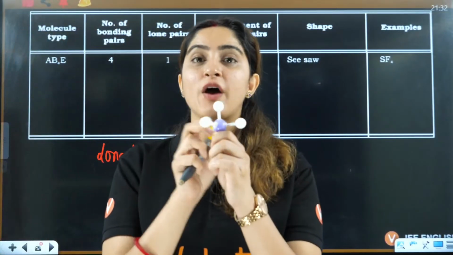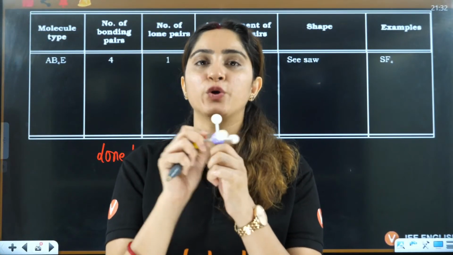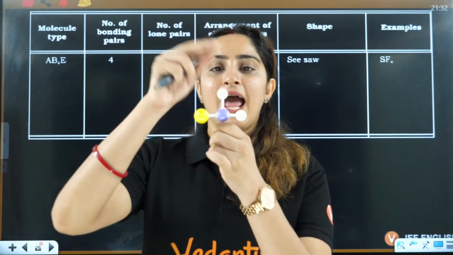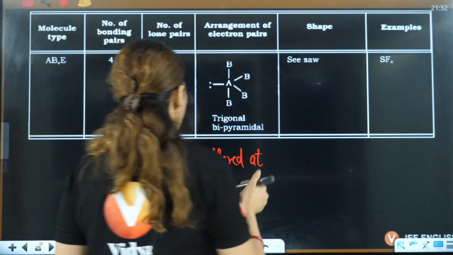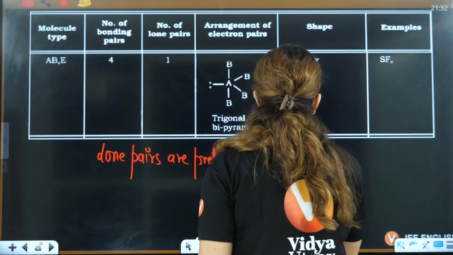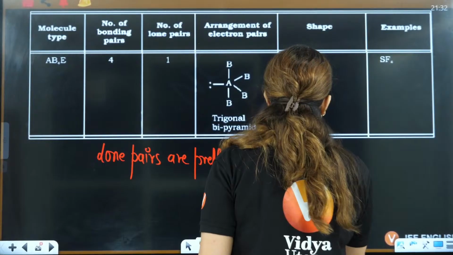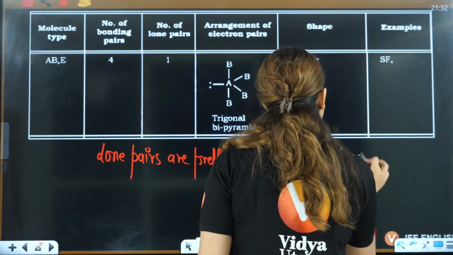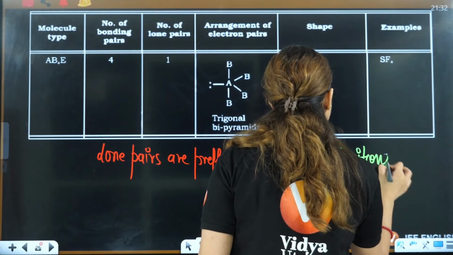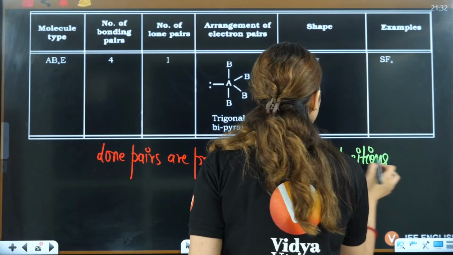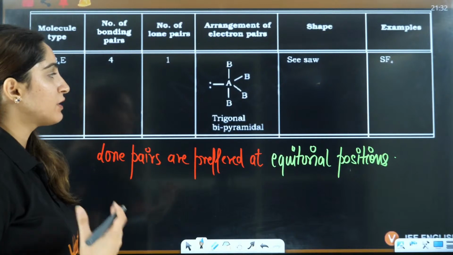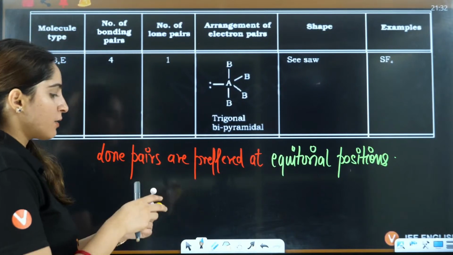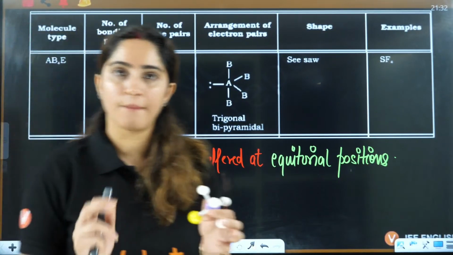These trigonal planar positions are equatorial positions, and this one is your axial position. So lone pairs are preferred at equatorial positions, so that they can make a bond here.